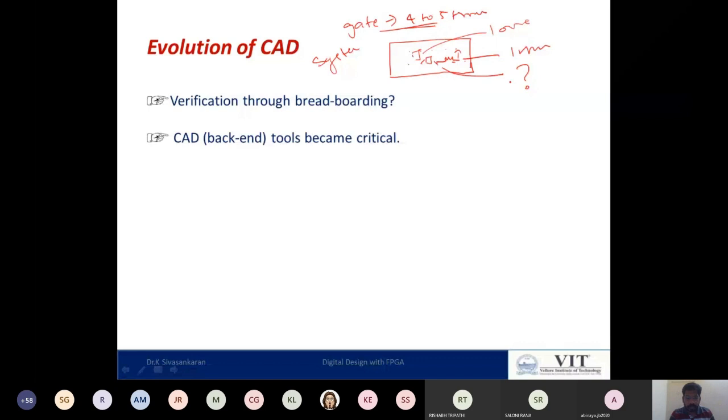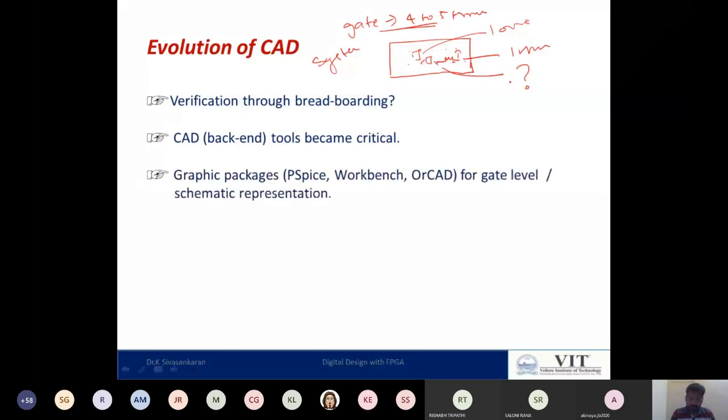So CAD, that is the backend tools, become critical, where you might use conventional graphic packages like PSpice, Workbench, OrCAD, and so on, where you start working on a schematic or gate level representation. The problem with these tools is that they cannot handle higher complexity. If I want to work on thousands and thousands of transistors, it's not possible.